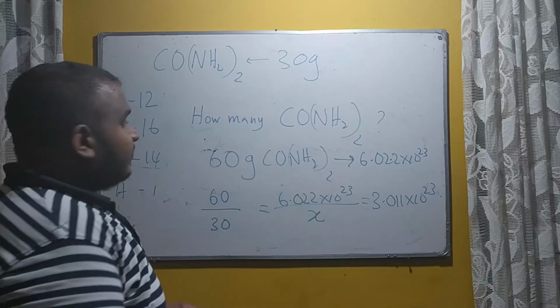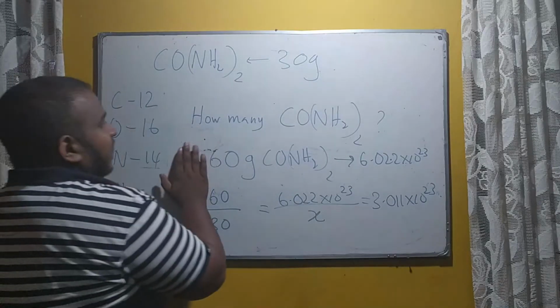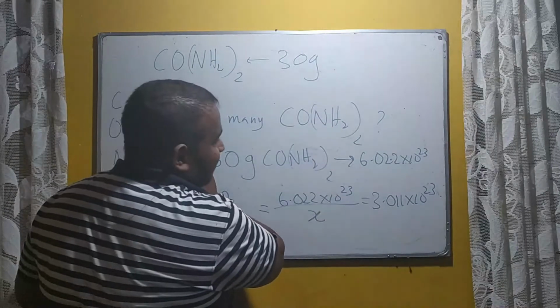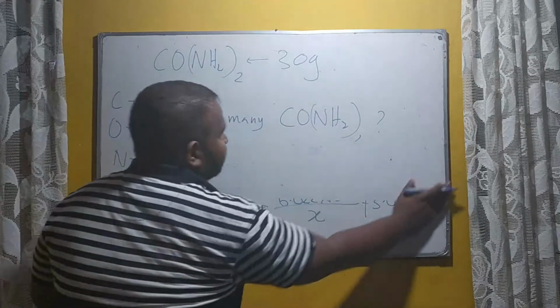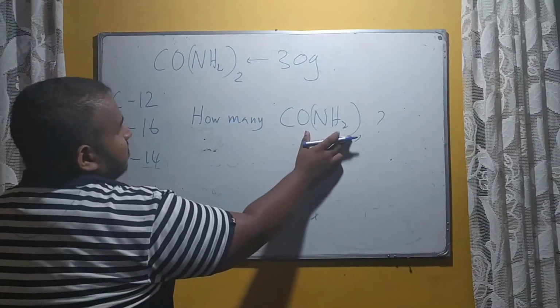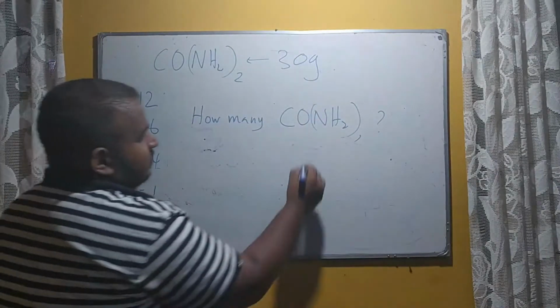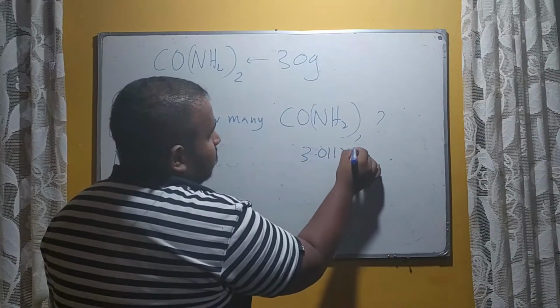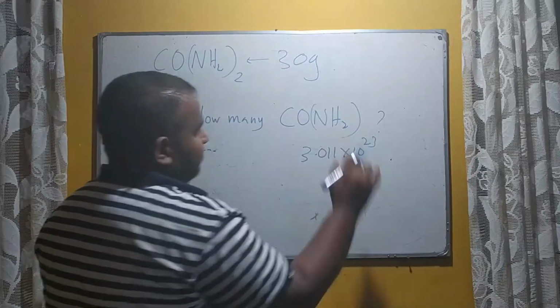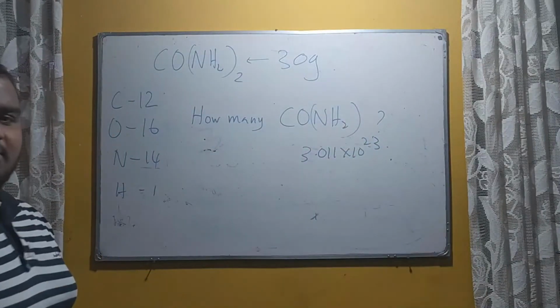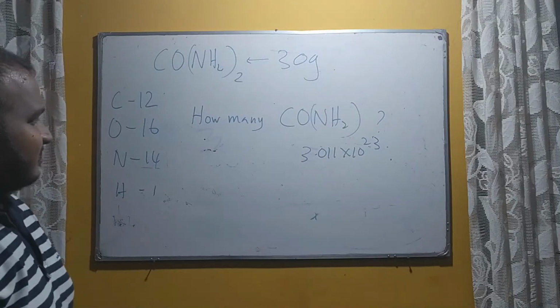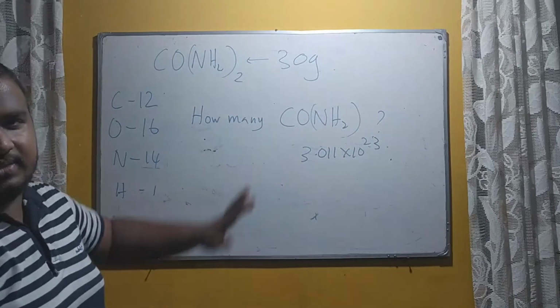This is the answer we obtained for how many urea molecules are present in 30 grams. Okay, this is the first question, a very simple question.